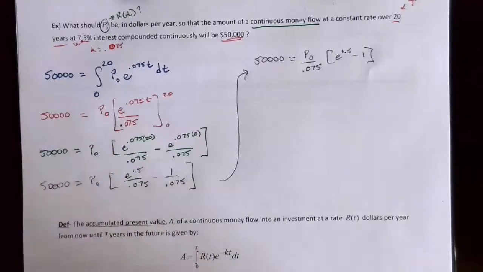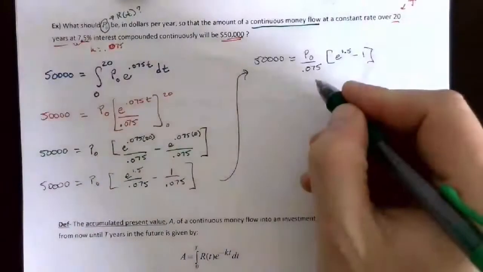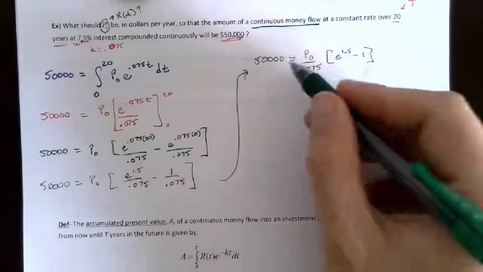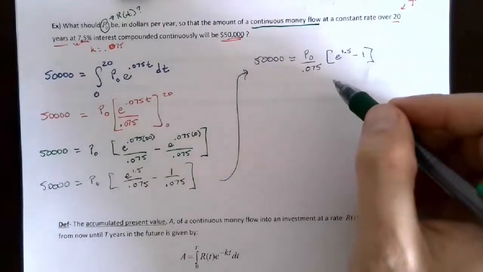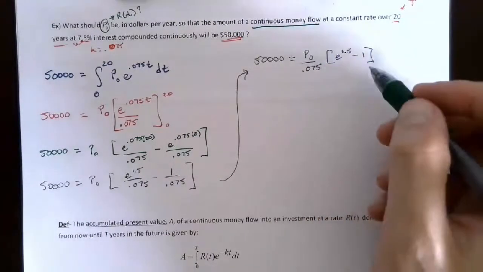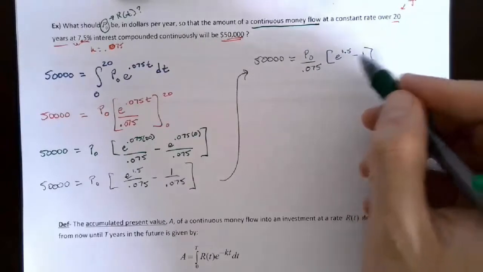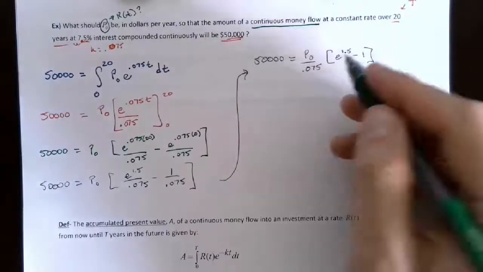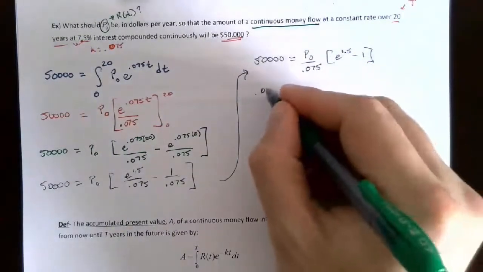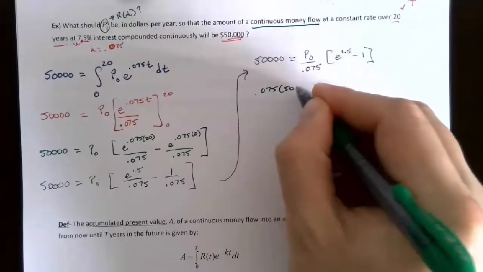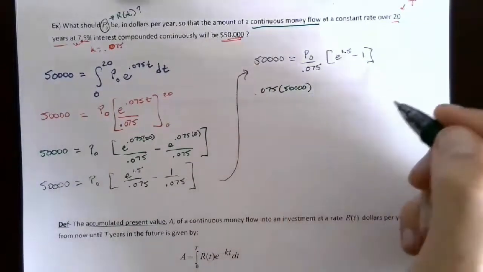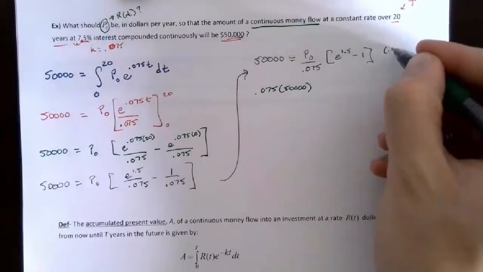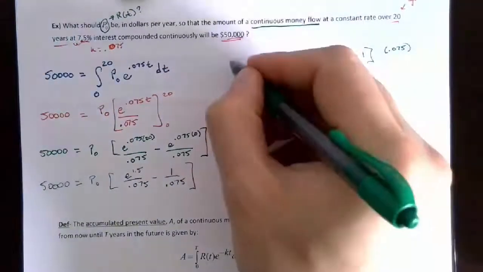Well, how would you do that? Well, to get rid of the fraction, you would multiply both sides by 0.075, right? And then you want to divide by this e to the 1.5 minus 1 because you want to isolate P0. So you'd have really 0.075 times 50,000, right, if I multiply both sides by 0.075 here.